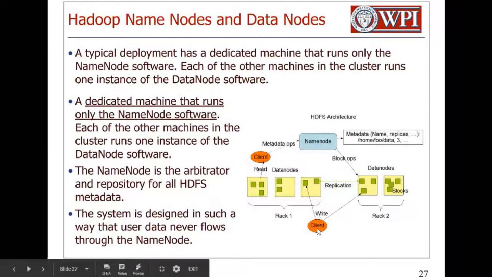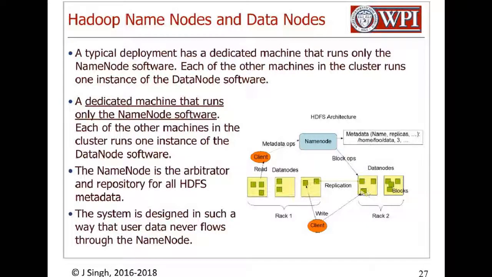Notice how if a client is writing a data block, it may need to write to two different places, and so some blocks could be copied from one rack, one position, to another. So there's built-in redundancy. We never keep just one copy of any block.